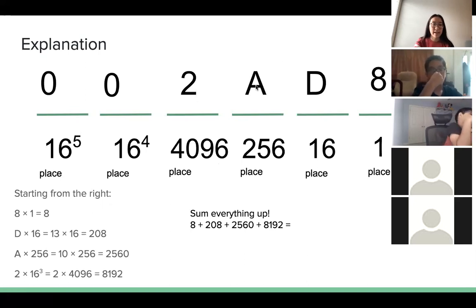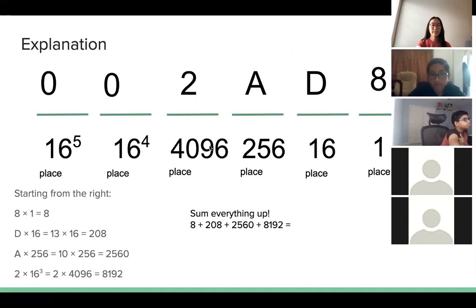And then we have an A in the 256th place. So A equals 10, so that's 10 times 256, which is 2,560. And then finally, we have a 2 in the 16 to the 3rd place, or 4,096. So 2 times 4,096 equals 8,192. And now we just have to add everything up together.